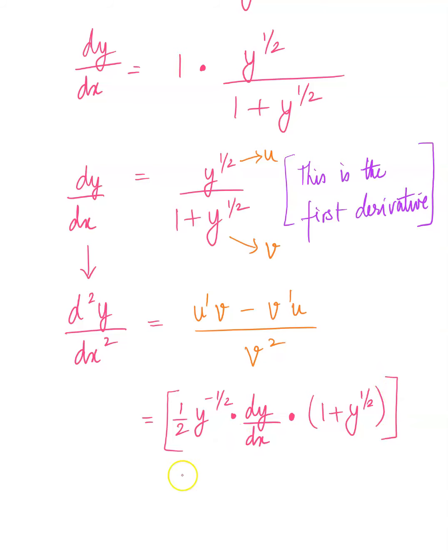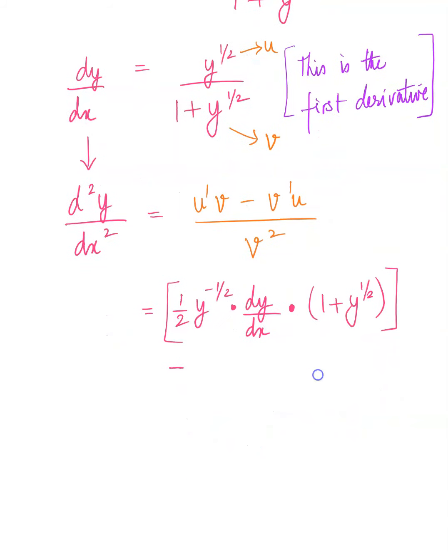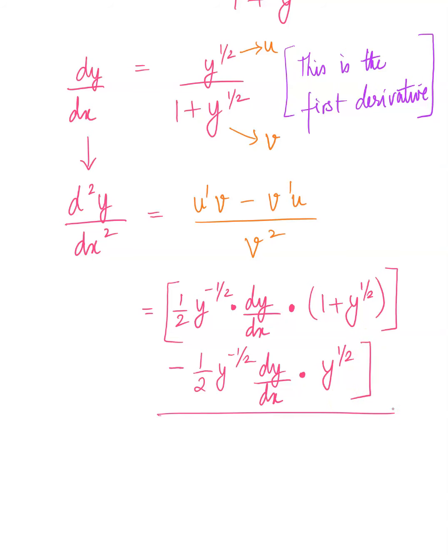u prime v minus v prime, that's going to be 0 plus the derivative of this. We just did the derivative here, right? So it's going to be like this. V prime u all over v squared, so it's 1 plus y power half, the whole square.